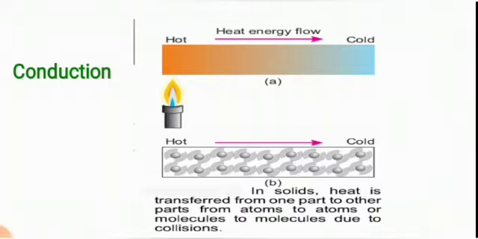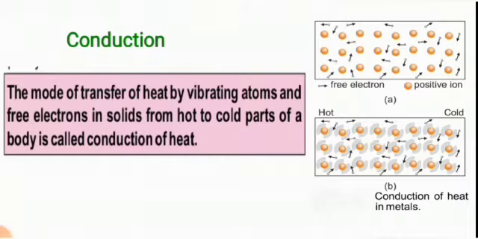This is a slow process and very small transfer of heat takes place from hot to cold parts in solids. So students, how does heat flow from hot to cold parts in metals so much more rapidly than in non-metals? Metals have free electrons, as you can see here in this picture.